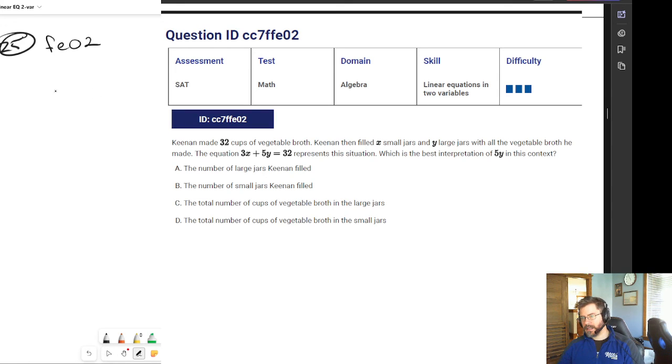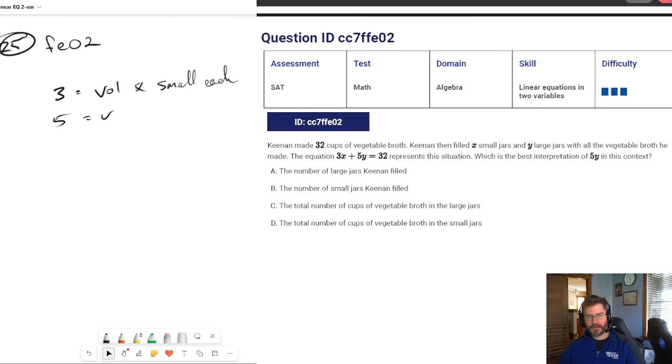So 3 is perhaps the volume of small jars each. And 5 is the volume of the y large jars each.